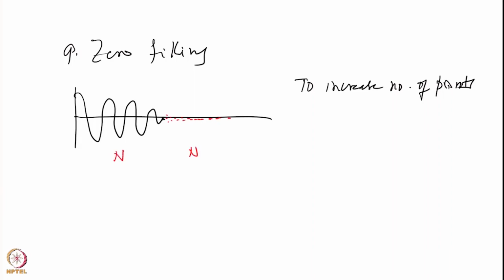I collected n points, and I add n more points here, so the total number of points becomes 2n. Therefore, in your spectrum, which is also in digital form, you get a better resolution.